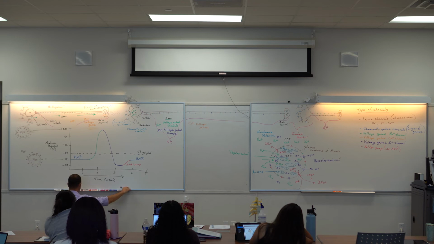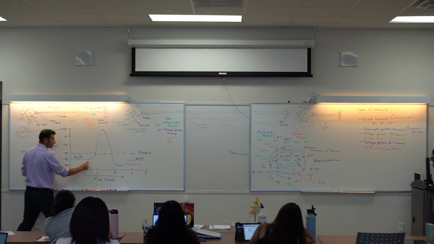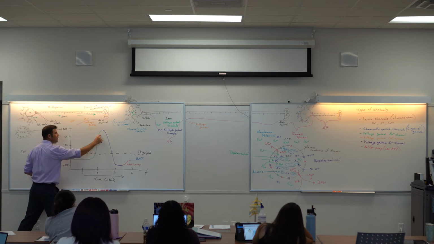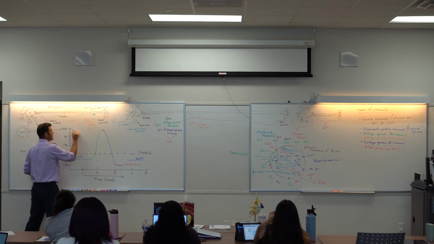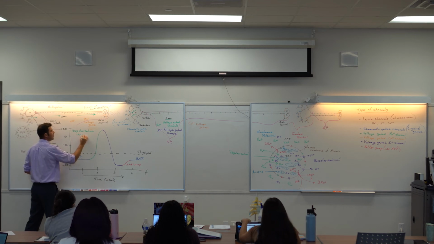Now let's graph the phases that we talked about. As soon as we cross threshold, this whole part of the phase where the cell is becoming more and more positively charged on the inside, we said this was depolarization. This is due to sodium ions moving into the cell.